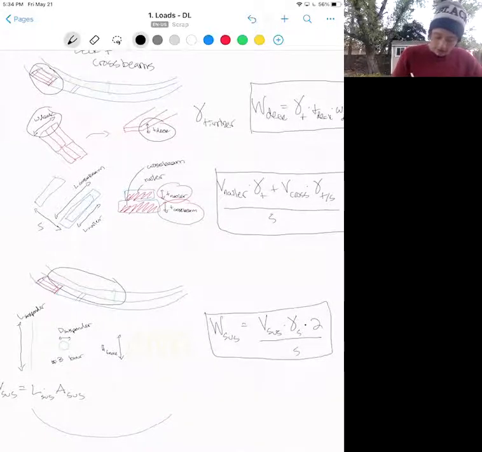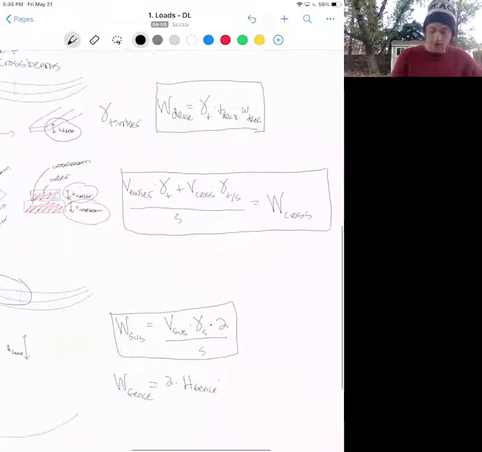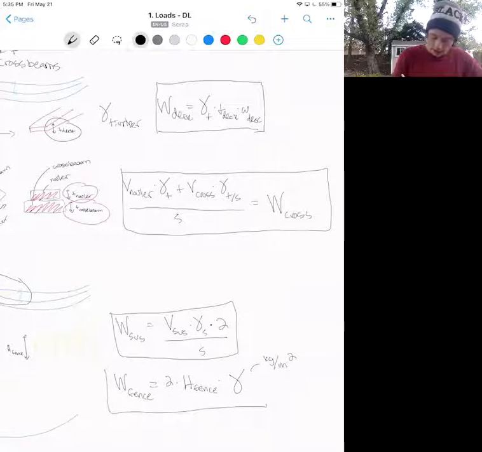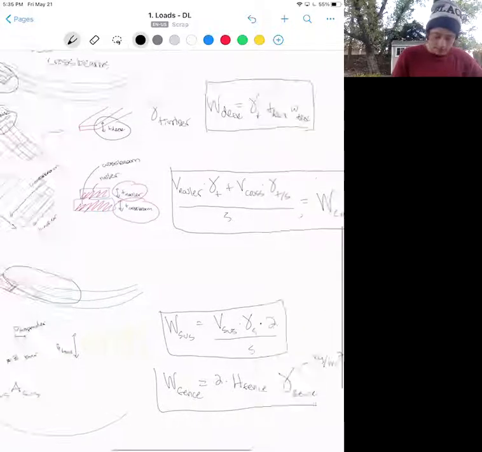And the weight of our fence is just going to be 2 sides times the height of the fence times the given value for the density of the fence, which will be in the notes below, which is actually going to be in kilograms per meter squared. That's going to give us our weight of the fence.